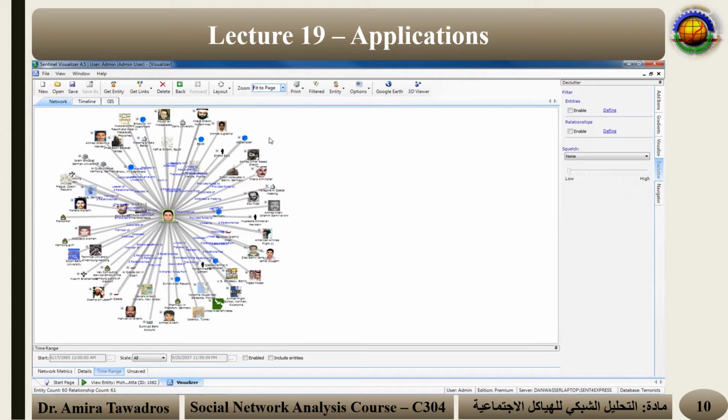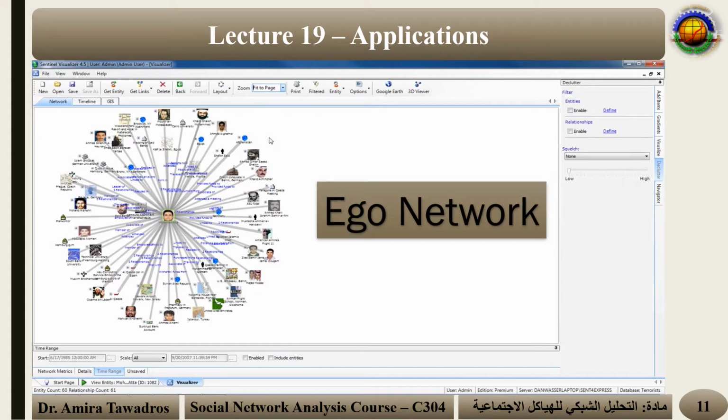Do you remember what we call this network? What's the name of this network? Yes, an ego network. We call this network an ego network, which means the network of one person.